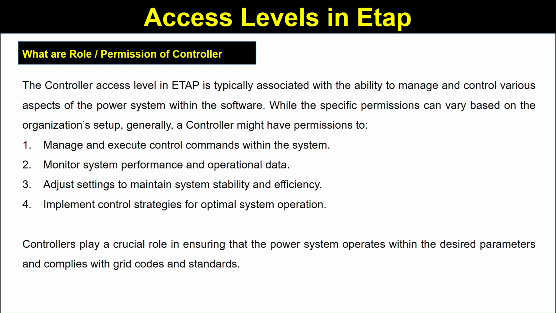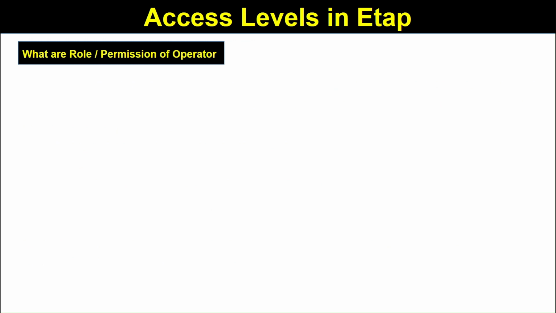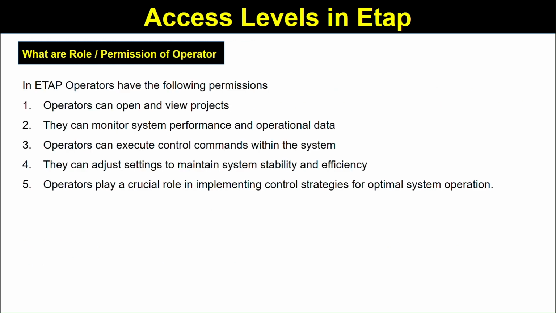Generally, a controller might have permissions to manage and execute control commands within the system, monitor system performance and operational data, adjust settings to maintain system stability and efficiency, and implement control strategies for optimal system operation. Controllers play an important role in ensuring that the power system operates within the desired parameters and complies with the grid codes and standards. What are the roles and permissions of an operator?